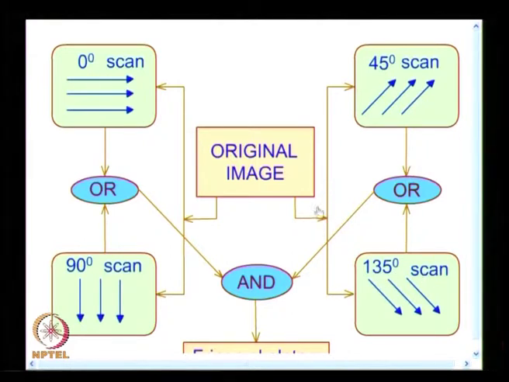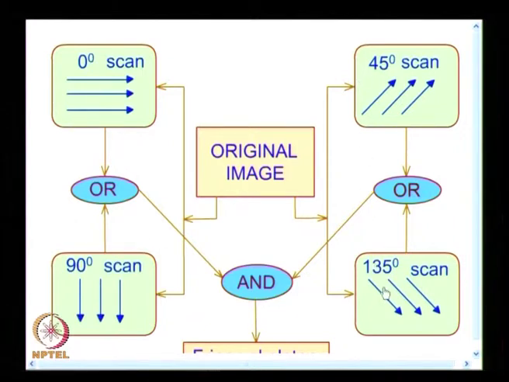So, in essence, once I have an original image, I will globally search the image only 4 times, one in 0-degree, 90-degree, 45-degree and 135-degree.